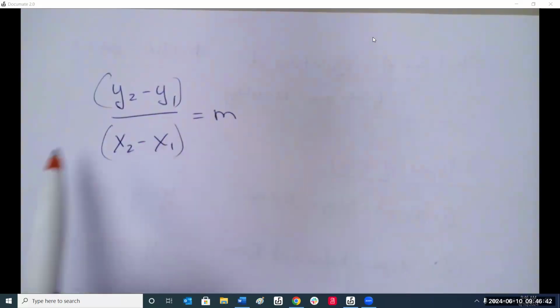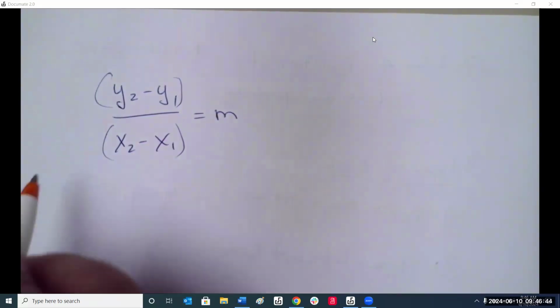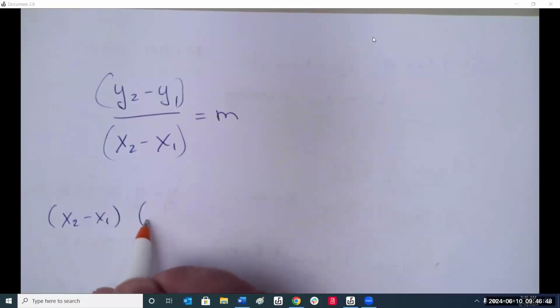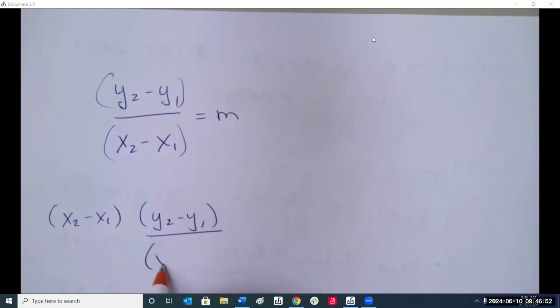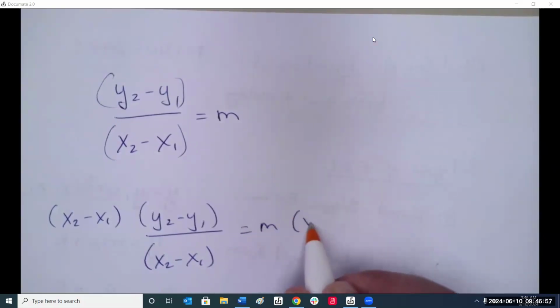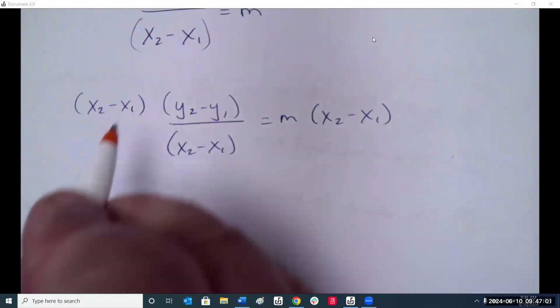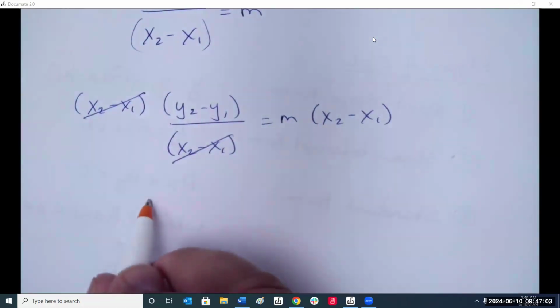Multiply by it. Multiply both sides by the denominator. So if I take the x2 minus x1 and multiply it to both sides, the x's cancel on this side.